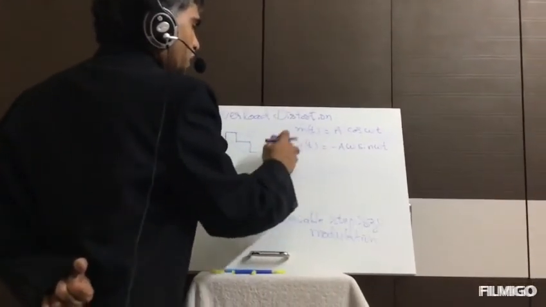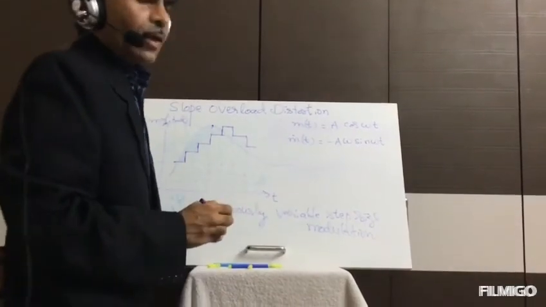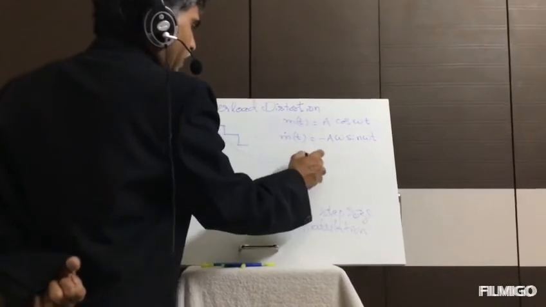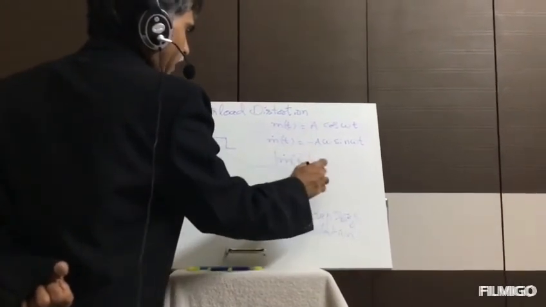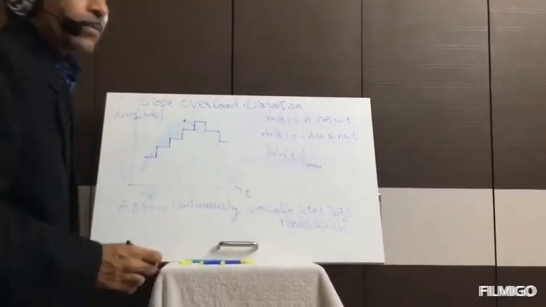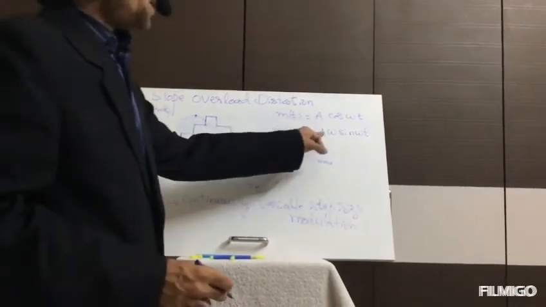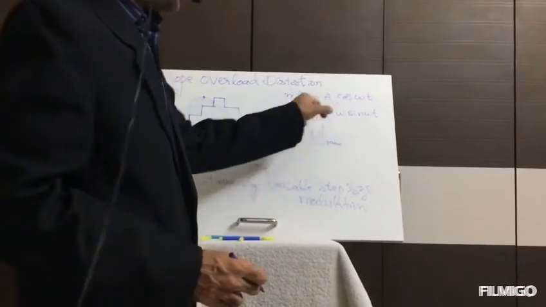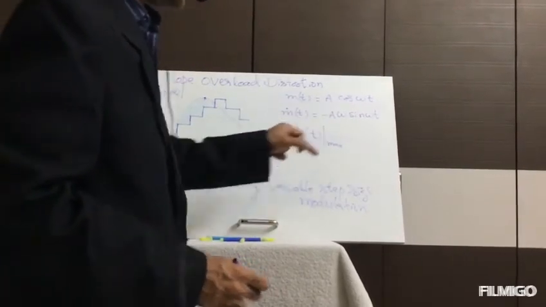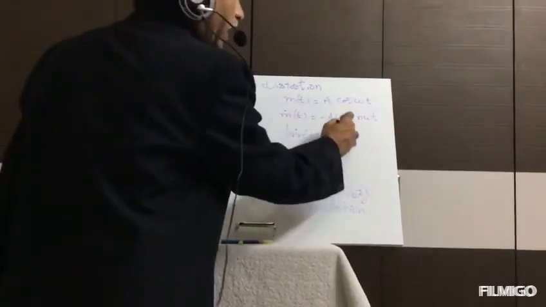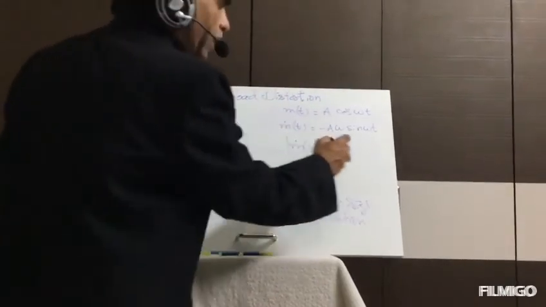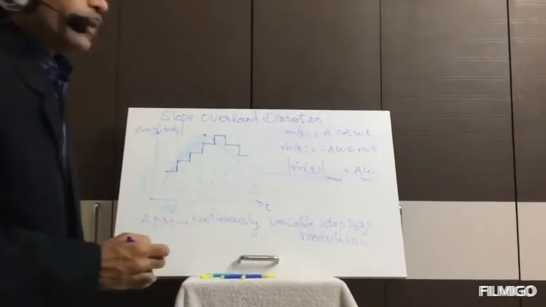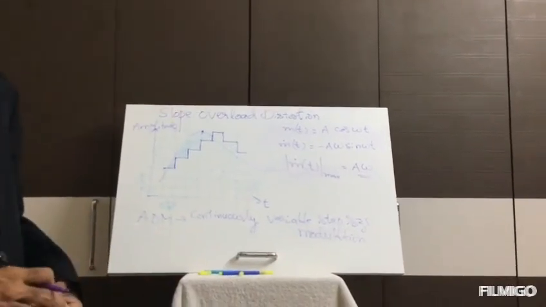Then the maximum of this output of the delta modulator is indicated as modulus of m dot of t, maximum. What is the maximum of this one? It is given by A omega. Once you take the modulus, the negative sign goes, and the maximum of A omega sine omega t is A omega. This is the maximum value of the output of the delta modulator.